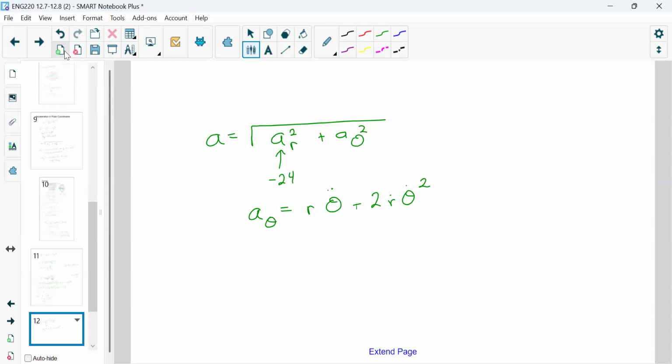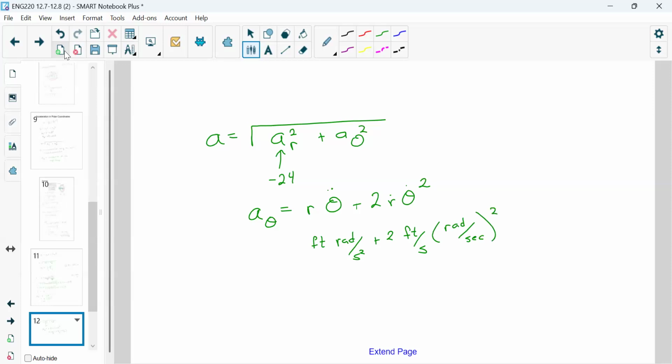That's gonna be radians per second squared plus 2. Okay, so this is gonna be in feet. This is going to be radians per second squared. This is then feet per second, right, our r dot, and then this is gonna be radians per second.